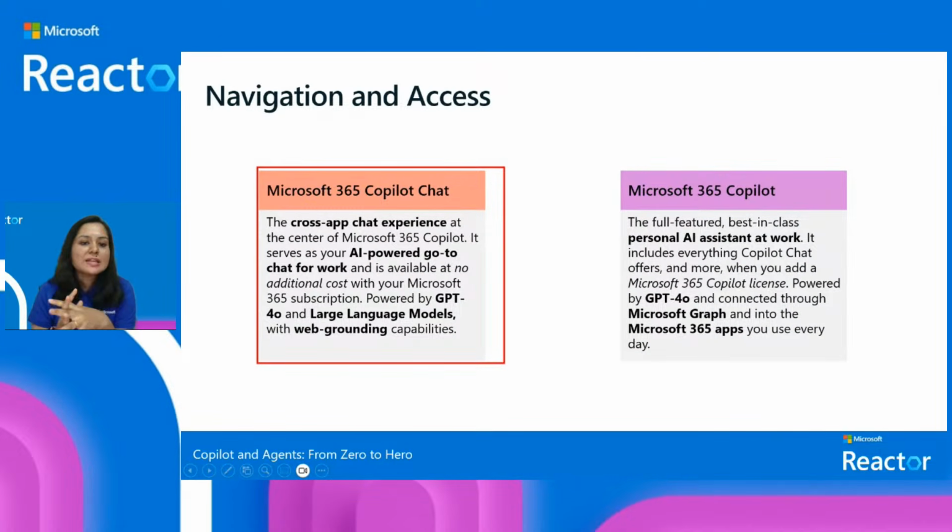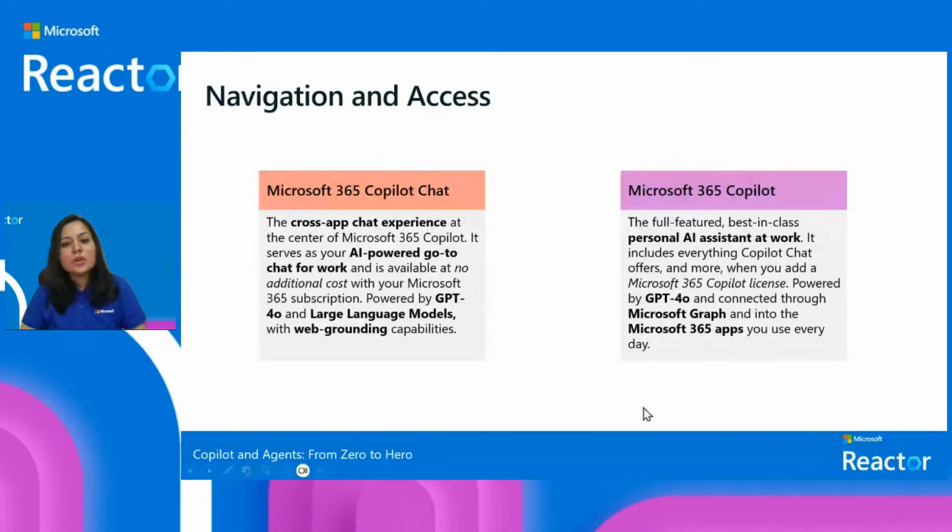It serves as your AI go-to for chat functionality in your work mode. It is available at no additional cost with your Microsoft 365 subscriptions. It is powered by the GPT-4o models and large language models and has web grounding capabilities.